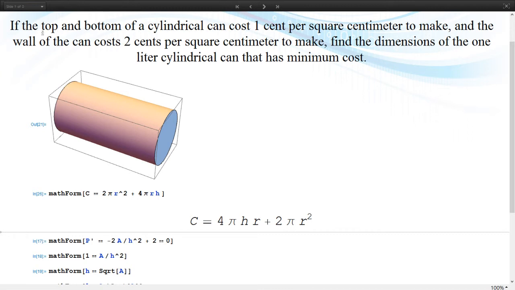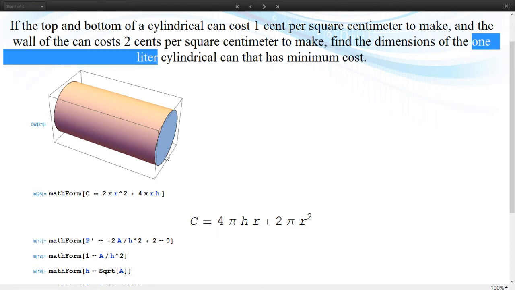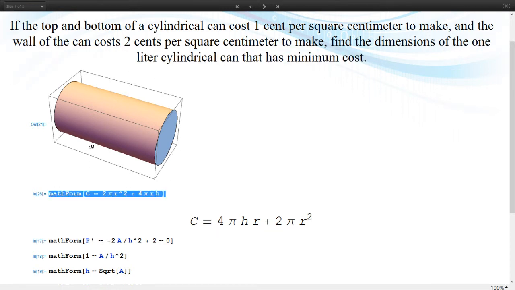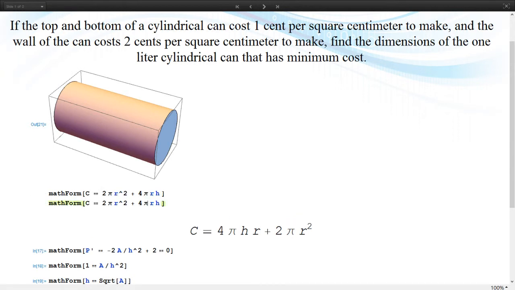I know that the can has to be 1 liter. So that means that our volume is 1, and volume is equal to pi r squared h for a cylinder. That is, it's the area of the circle that makes the base times the height of the can.